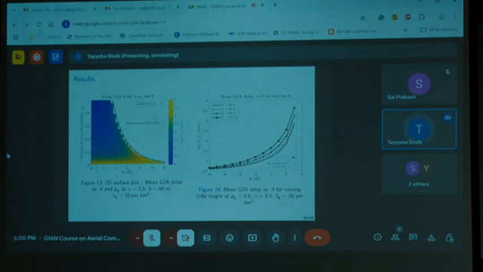If p is 0.5, then 1 by 0.5 is the amount of time on average that a base station should wait to get its turn to transmit to its own UAV. That is a delay in addition to the packet reception delay that we saw previously.